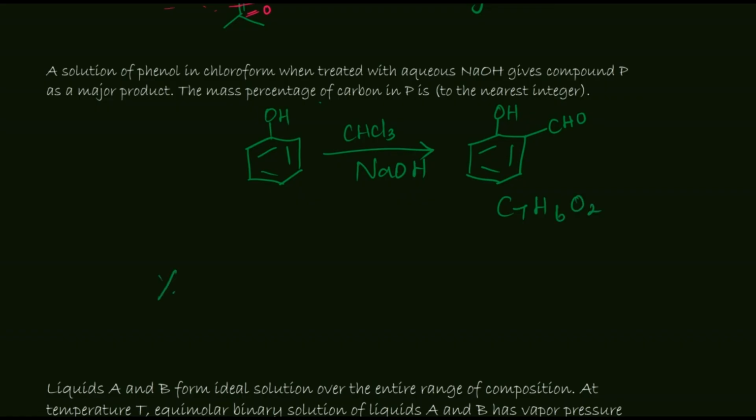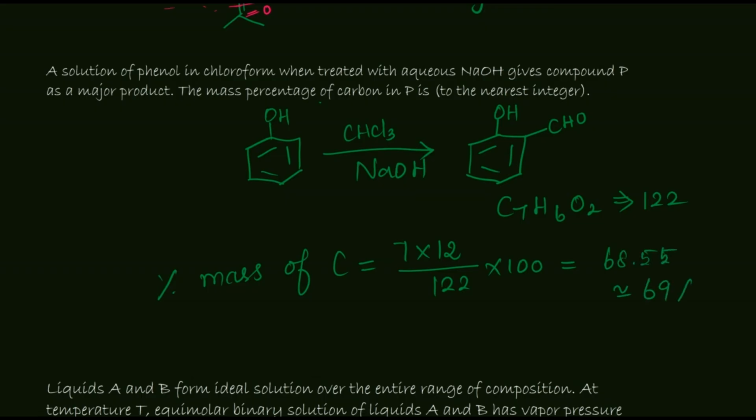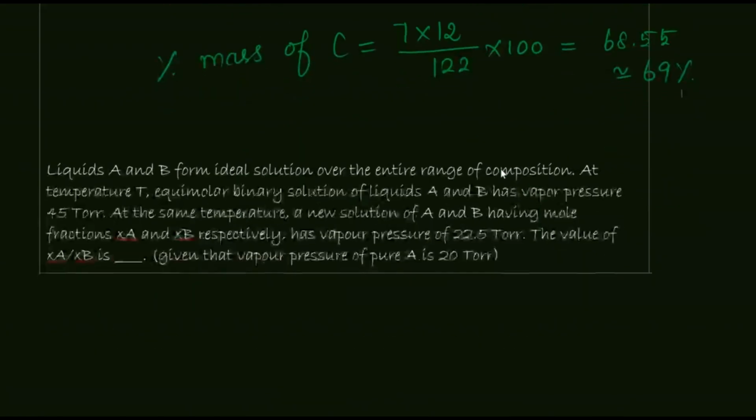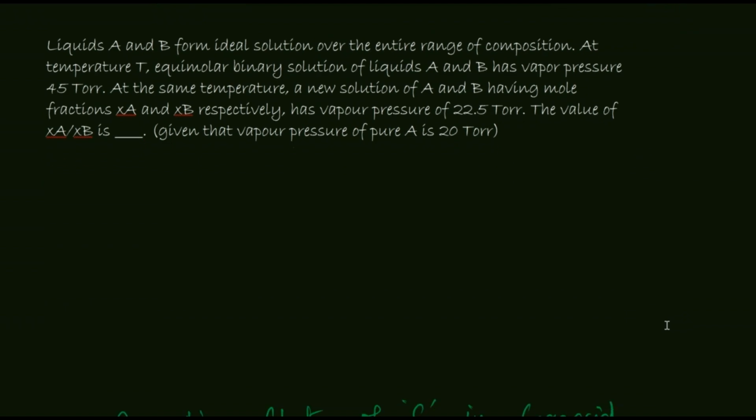So the percentage mass of carbon becomes 12, the mass of 1 carbon, with 7 carbons there, divided by the total mass 122, into 100 to calculate the percentage. So it becomes 68.55, approximately 69%. Okay. Then we are moving on to the next question.